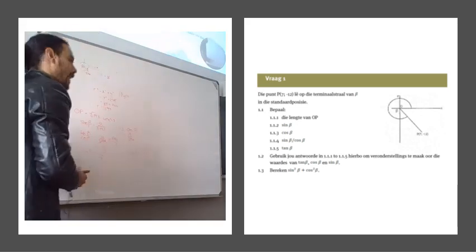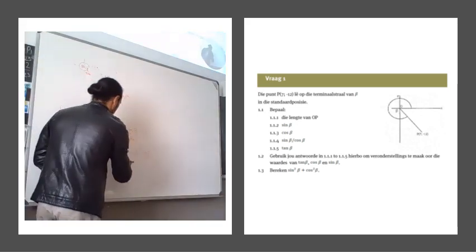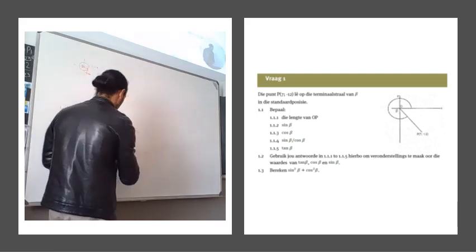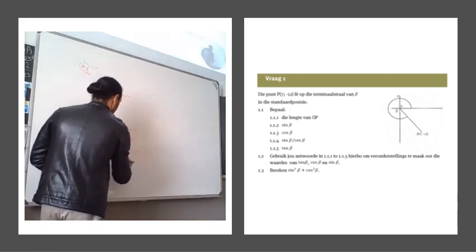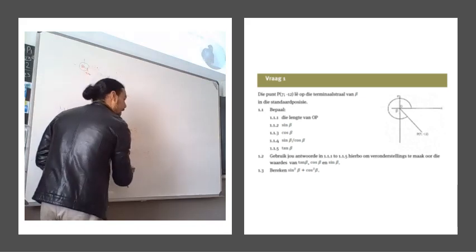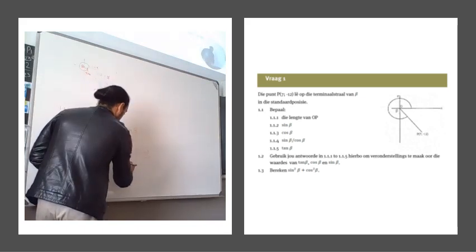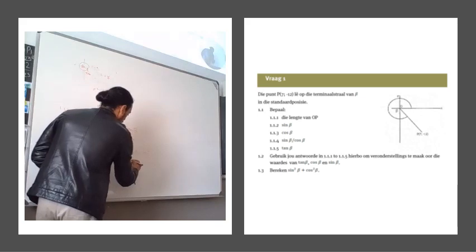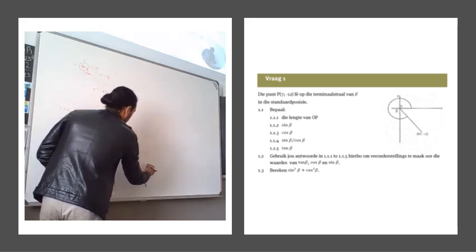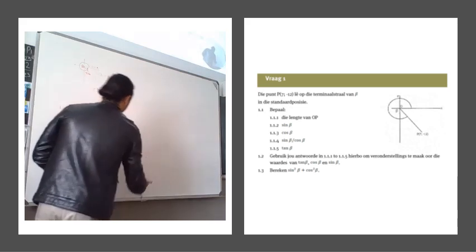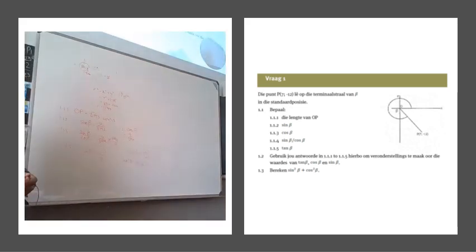We also have the other identity. We're going to look at some more identities in grade 12 and also in grade 11. This is called the quotient identity, and the other identity is called the square identity, because sine squared of beta plus cos squared of beta is equal to 1. That is called the square identity.